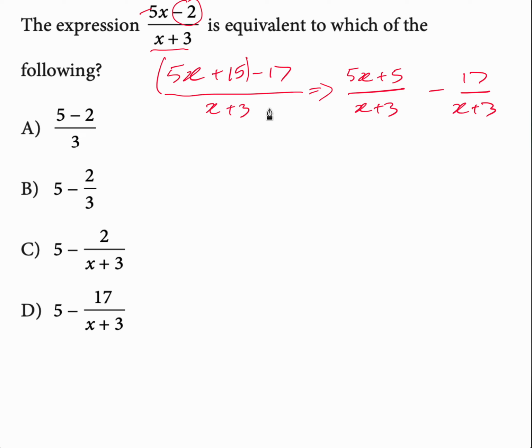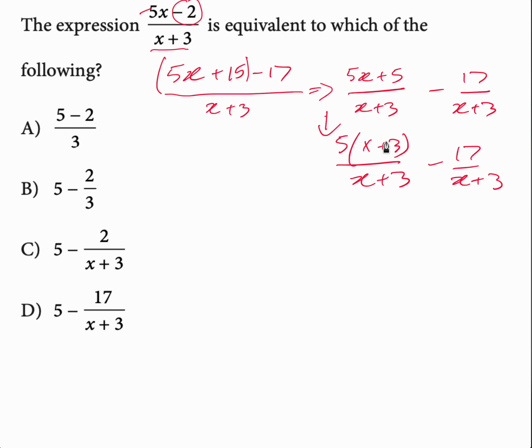From here to here, I didn't change the value of the expression. I just break it out so that I see 5 times (x + 3) over (x + 3) minus 17 over (x + 3).